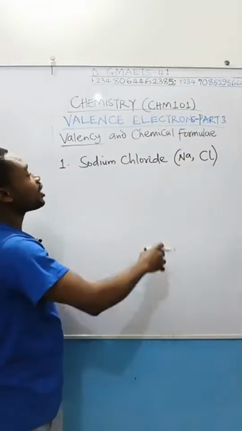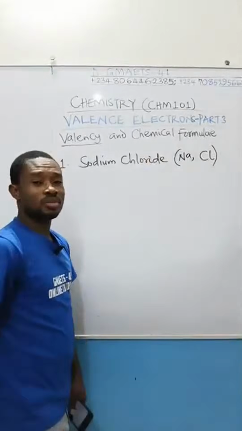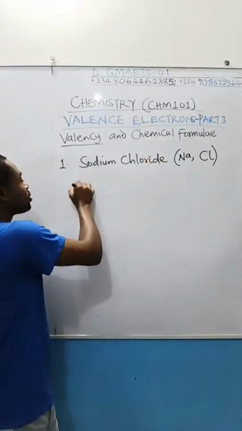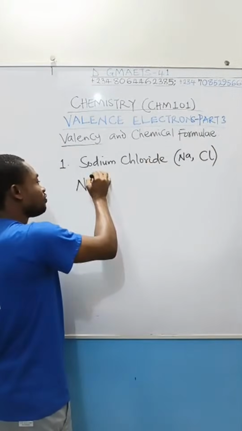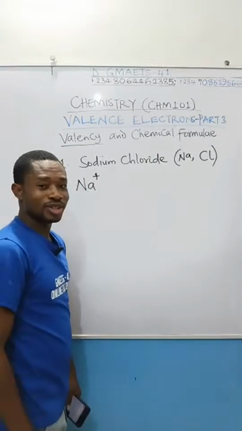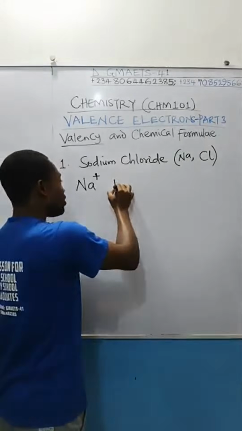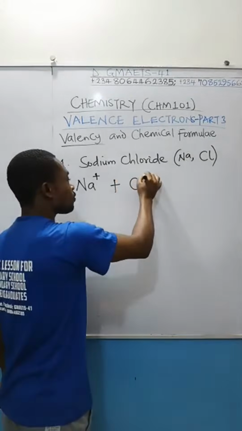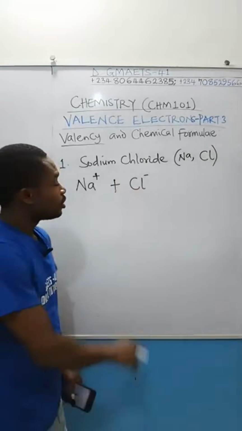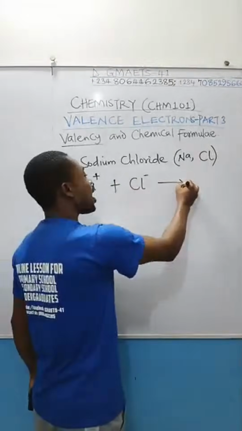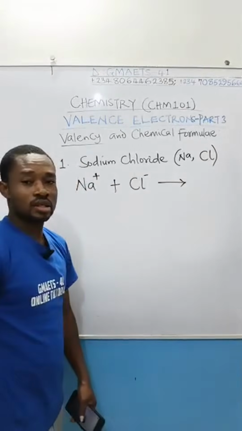So how do we now write the correct chemical formula of sodium chloride? It's going to be a combination of sodium with the valency of sodium. Let me show you. This is the valency of sodium. By now, you should know that. Then combined with chlorine, the valency of chlorine is -1. So when they combine, this is what happens. They will interchange their valencies.